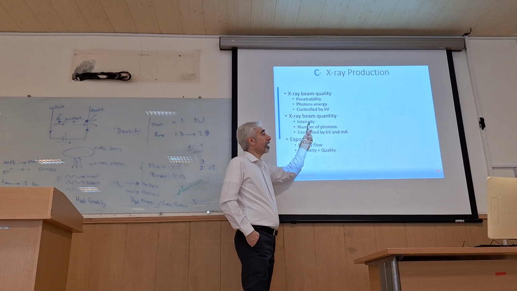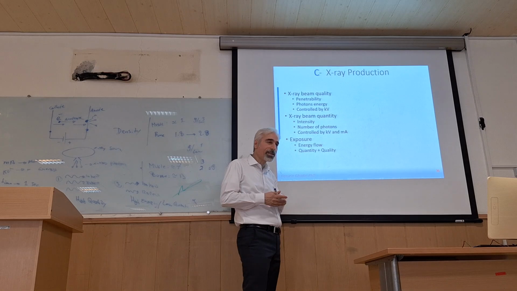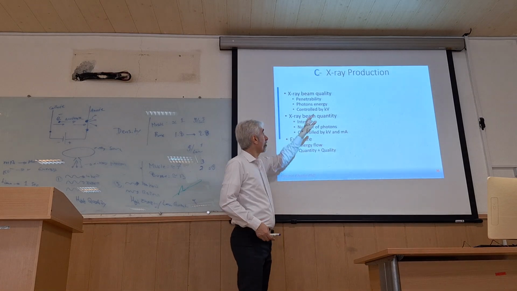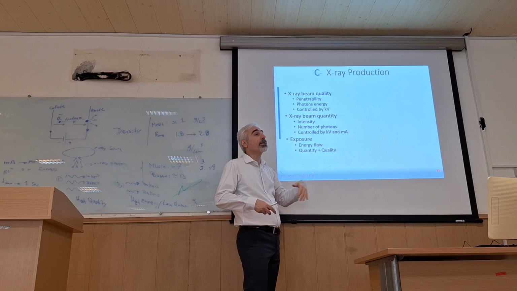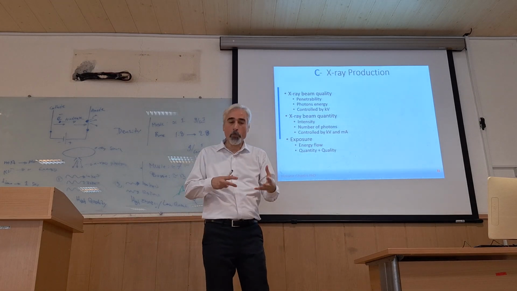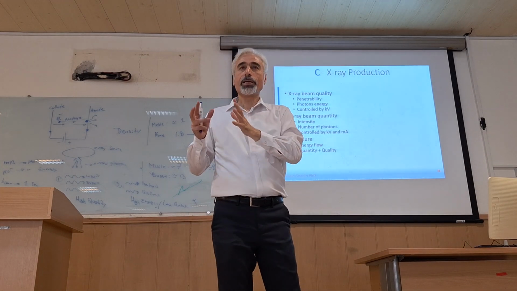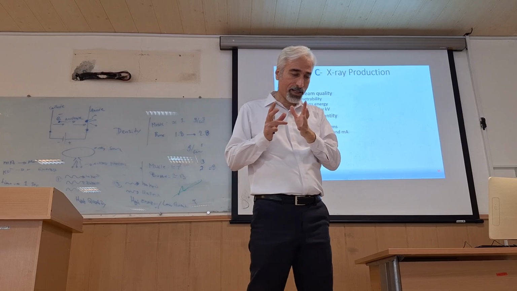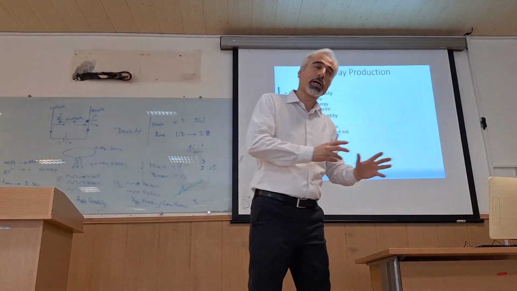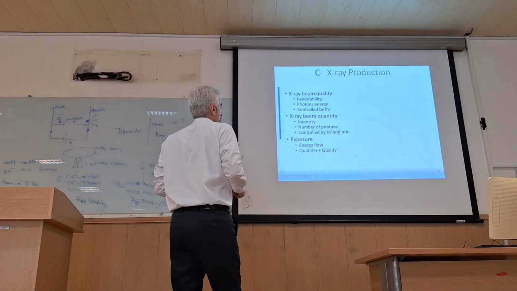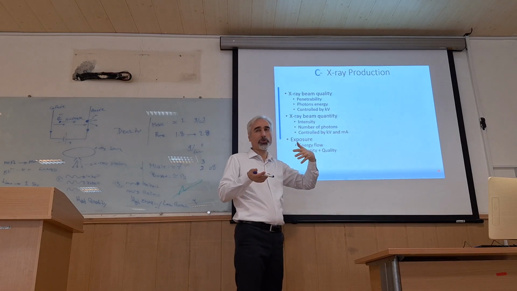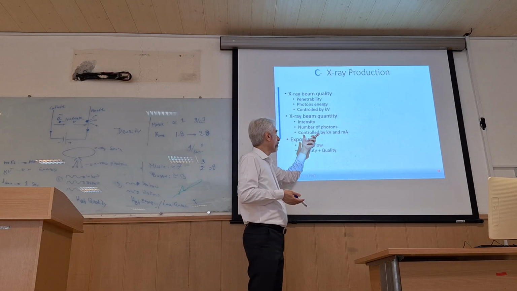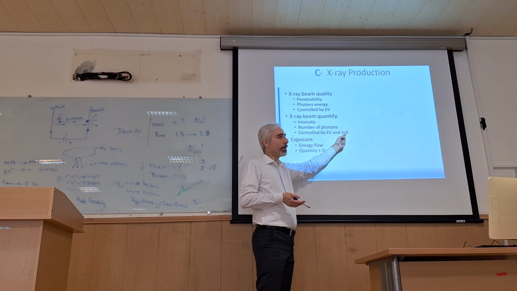What it means is intensity. Intensity is the number of photons. The first one was the energy of photons. The second is the number of photons. How many photons are generated and used to go through the patient's body? How can we control the number of photons in the X-ray tube? By controlling the MA mostly.